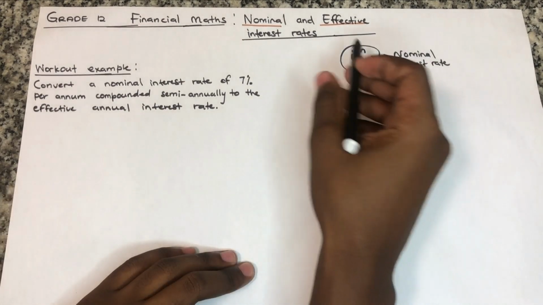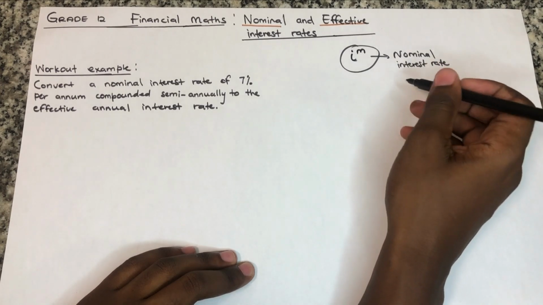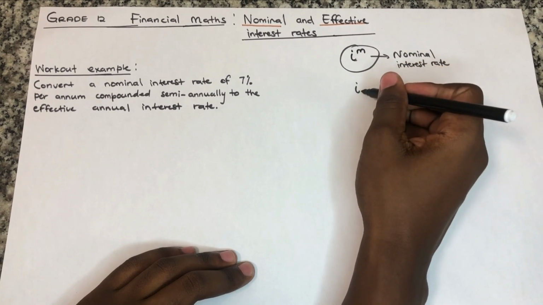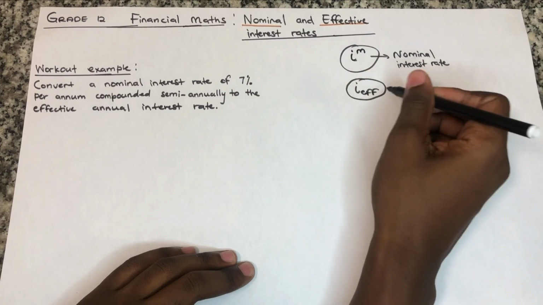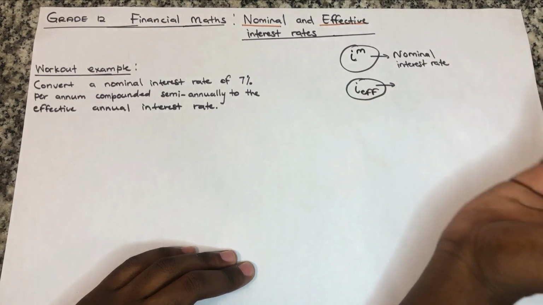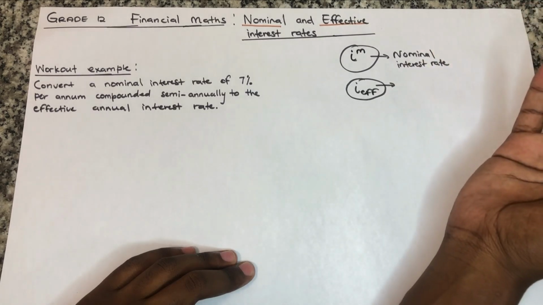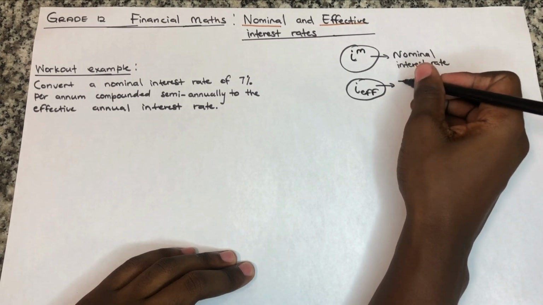All right, we also have the effective interest rate. When we talk about effective interest rate, this is how we show the sign for effective interest rate in our formula. You're going to find it written in this way. So this is effective, i EFF, not the political party of Julius Malema, but for the effective interest rate.